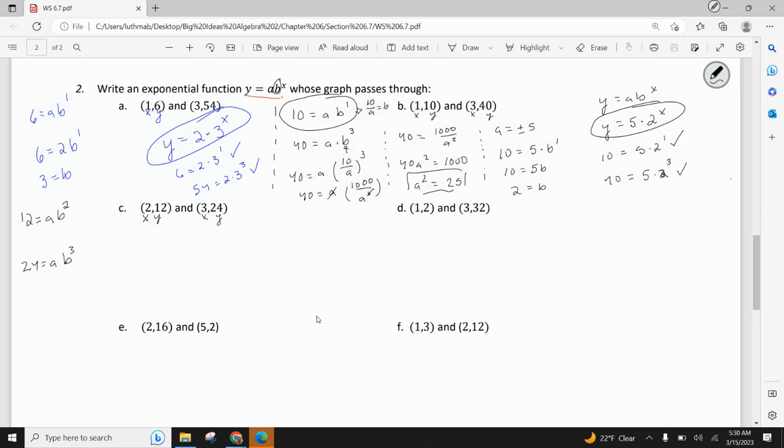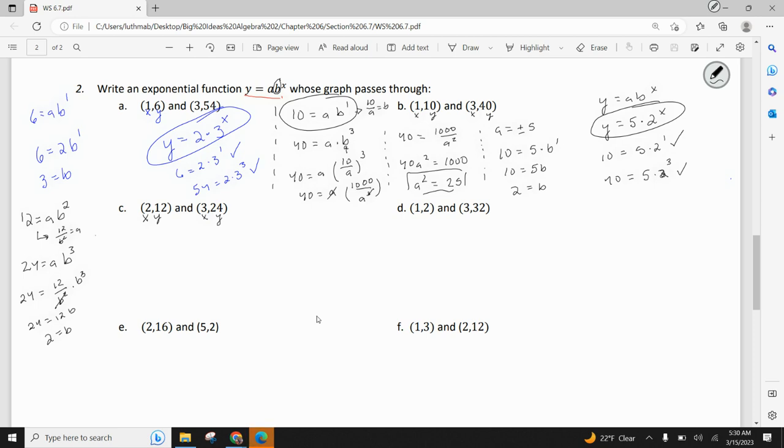So let's try that. I'm going to rewrite this as divide the b squared off: 12 over b squared equals a. Then I'm going to sub it into the other equation. Looks like the math's going to work out easier as well. Cancel b squared on the bottom with that there. So now we're at 24 equals 12 b, so 2 equals b.